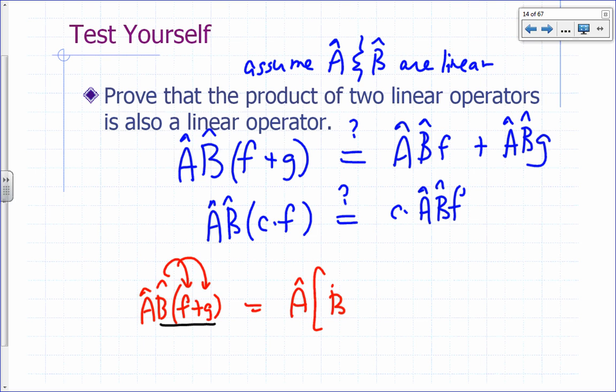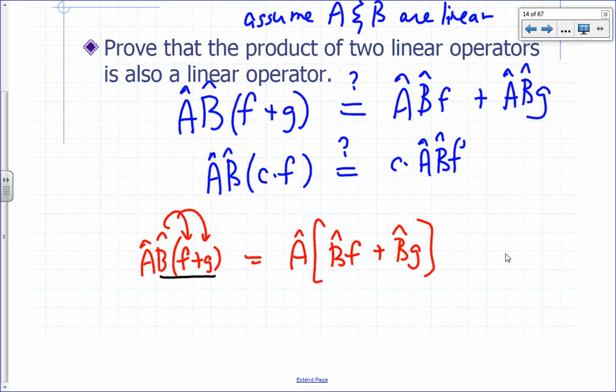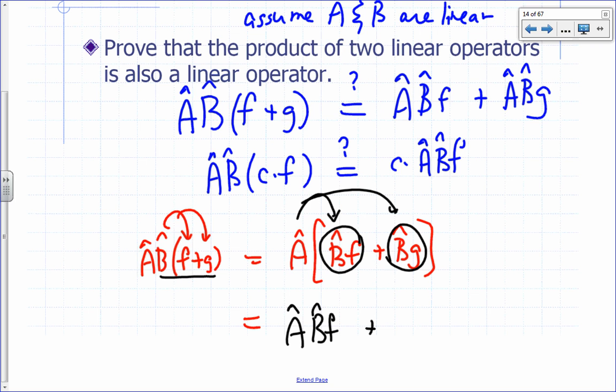So I can say that's A hat operating on Bf plus Bg, right? Now A is also a linear operator, so that means I can distribute A to that. This is just another function, and that's just another function, remember? Okay, so now this must be equal to A hat B hat f plus A hat B hat g.